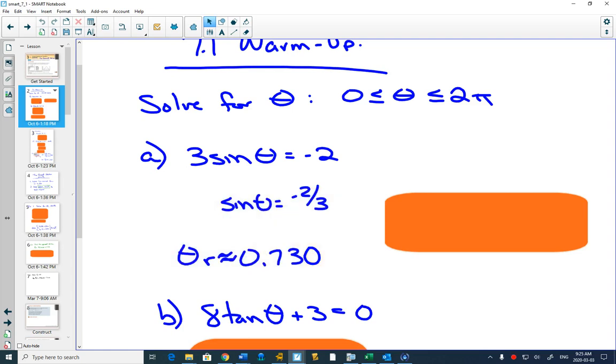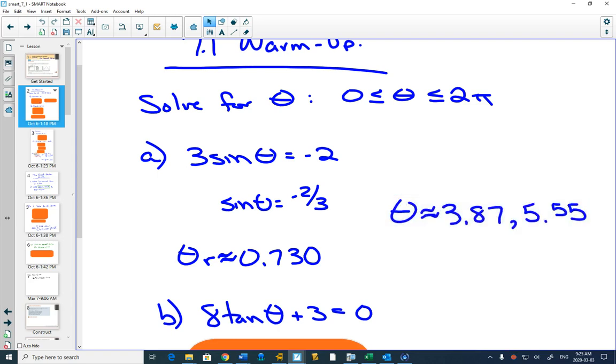All right. So did you get a reference angle of 0.73 for the first one? And then, because sine is negative, you would find answers in quadrants 3 and 4.